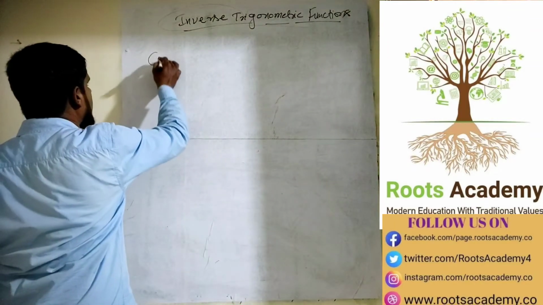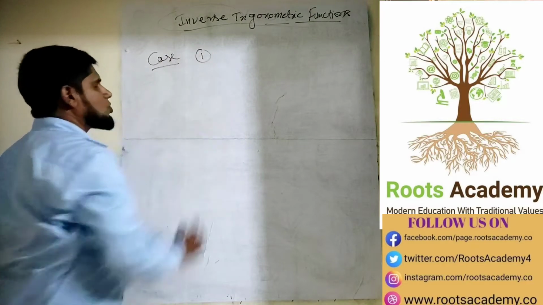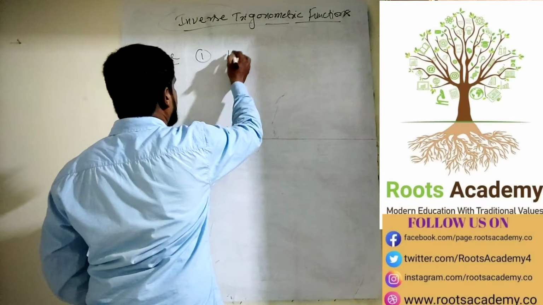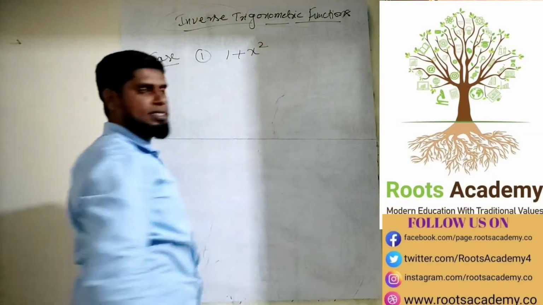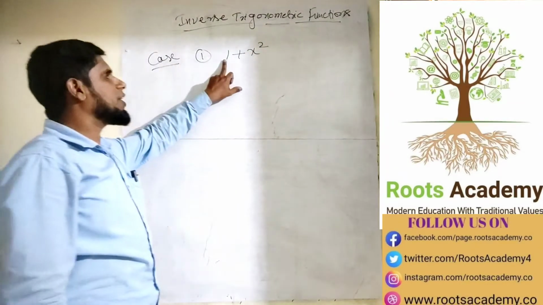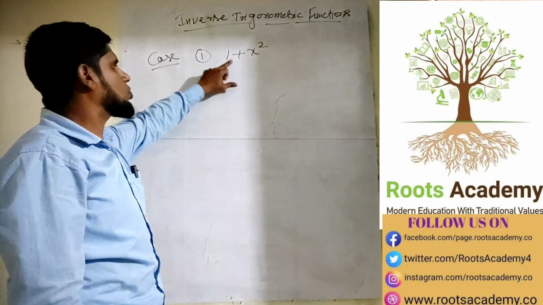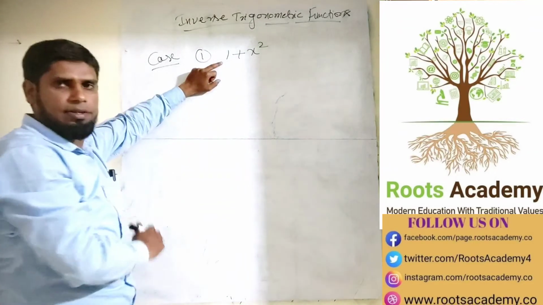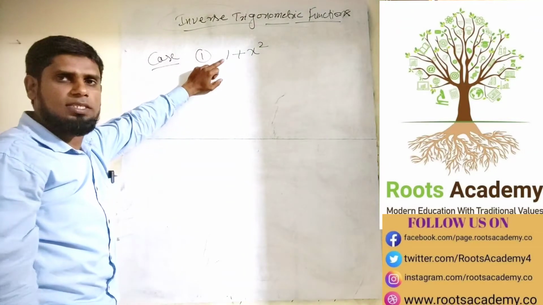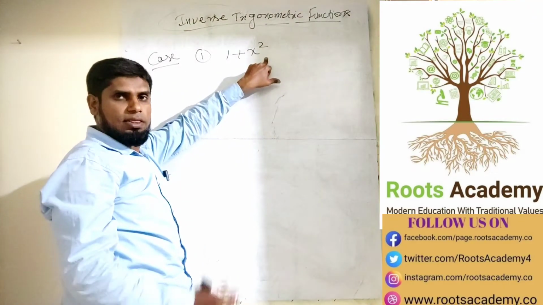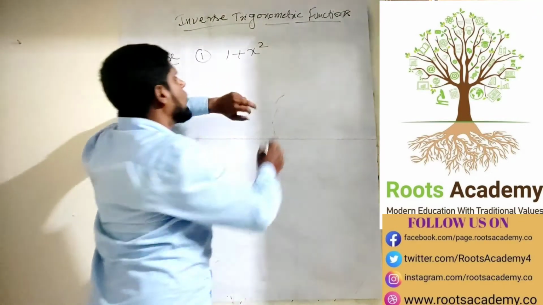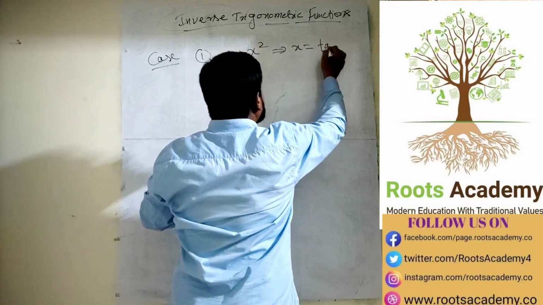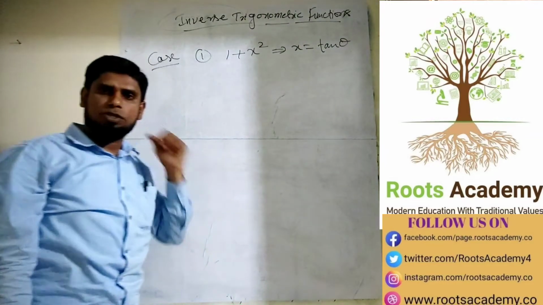The first case: in our inverse trigonometric function, if we have 1 plus x square, in place of 1 it can be a square also, but I will call it a constant, plus x square. In this particular problem, the value of x should be tan theta. We should substitute.